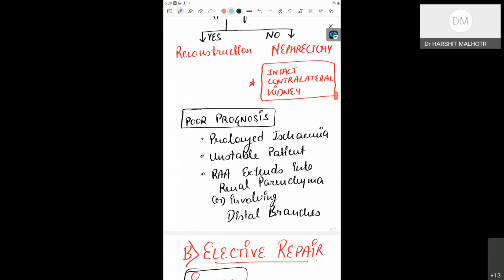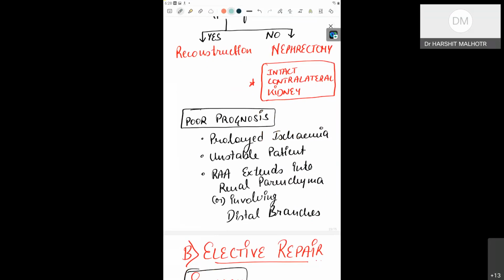So when do we say that there is a poor prognosis in these cases? If there is prolonged ischemia due to rupture or any of the renal artery pathologies, if the patient is unstable because of the rupture, or if the renal artery aneurysm is extending into the renal parenchyma, that is, it is an intraparenchymal disease, or it is involving the distal branches.